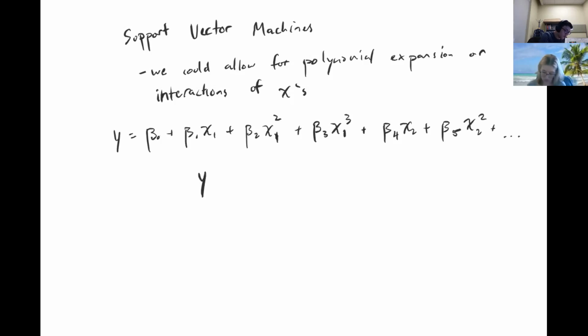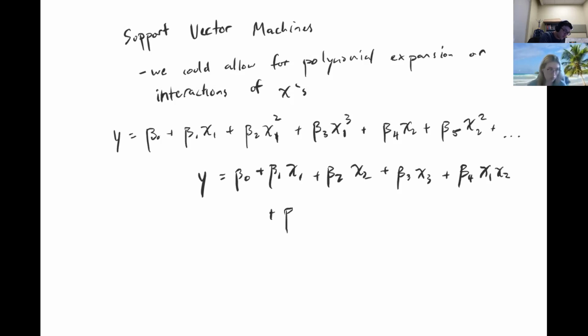Or you could do something like beta 0 plus beta 1 x1 plus beta 2 x2 plus beta 3 x3 plus beta 4 x1 x2 plus beta 5 x1 x3 and so on.